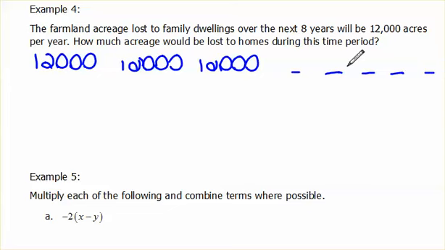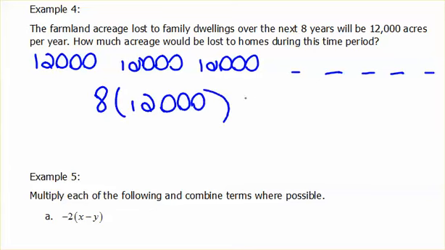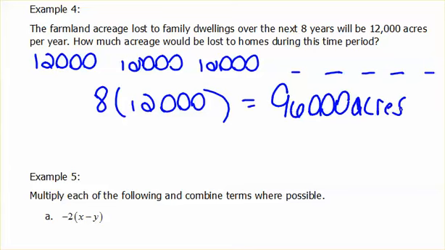Well, this would be repeated addition. Isn't that the same thing as just multiplying 8 times 12,000? Absolutely. So 8 times 12,000 is 96,000. So it would appear that 96,000 acres is going to be lost over the next 8 years.